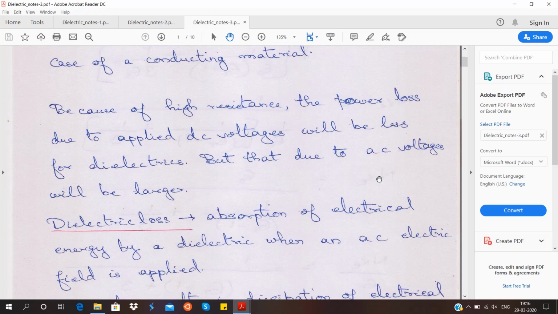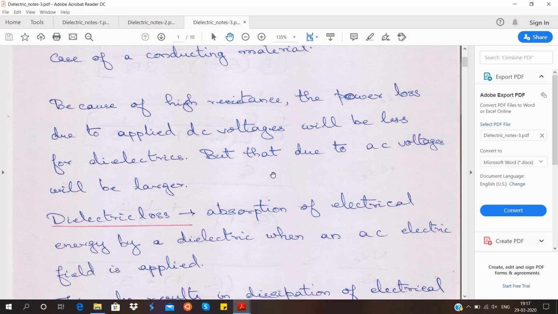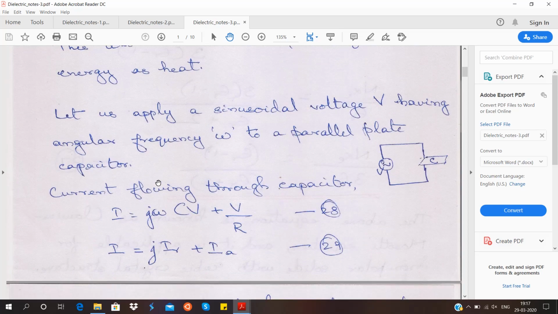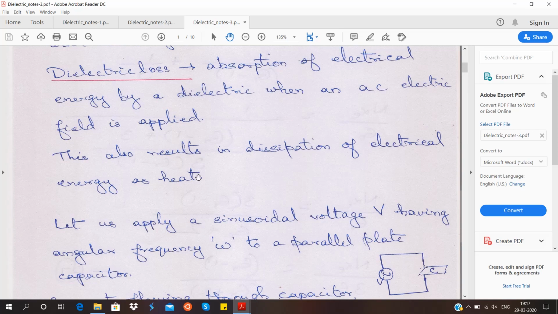Now in the case of dielectrics, there will be more loss when an AC field is applied, but with DC it will be very little. Whenever there is an AC field or AC voltage applied, there will be more absorption of electrical energy by the dielectric material. This is called the dielectric loss. And any form of dissipation of energy will turn into heat.